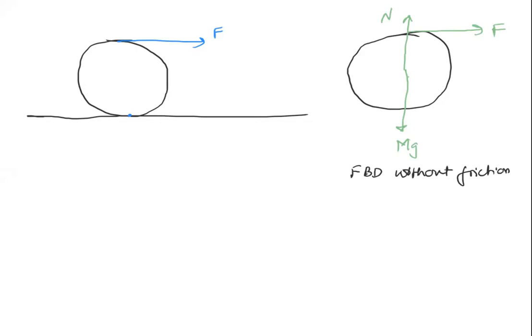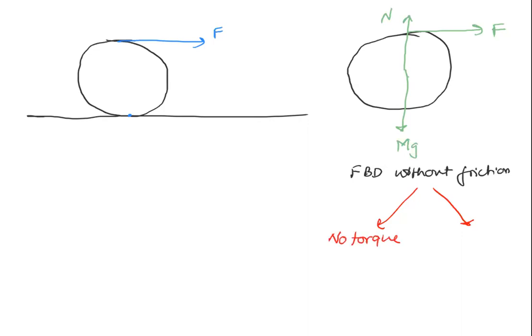Now this FBD, when you have drawn the FBD, there will be two possibilities. Okay, and the two possibilities will be that when you draw the FBD without friction, there is no torque on the system.